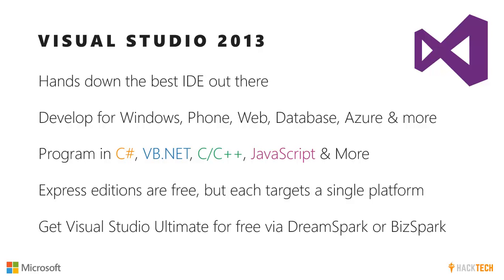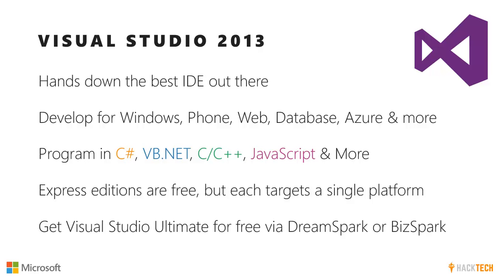Now, Visual Studio ships a couple of different ways. The Express editions are free, but you need a different version for each target platform. So you'd have Express for Windows 8, Express for desktop, Express for Windows Phone, Express for web, and you have to switch between these different tools as you target those different platforms. The value of a cohesive Visual Studio environment, like you get with Visual Studio Pro or Visual Studio Ultimate, is that you can use a single tool to develop all of those different kinds of apps.